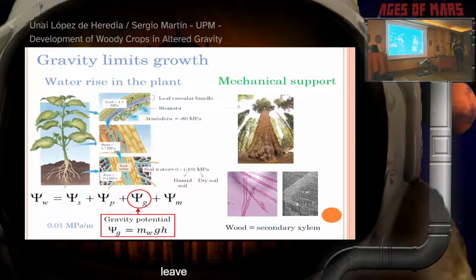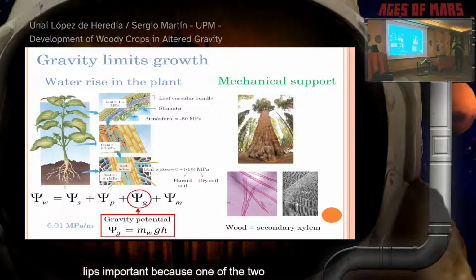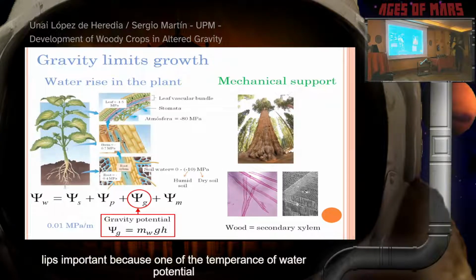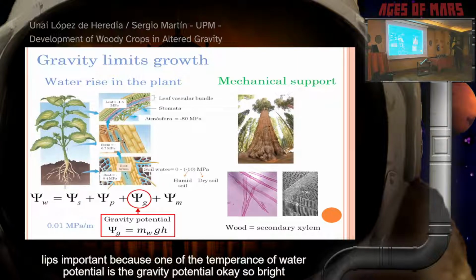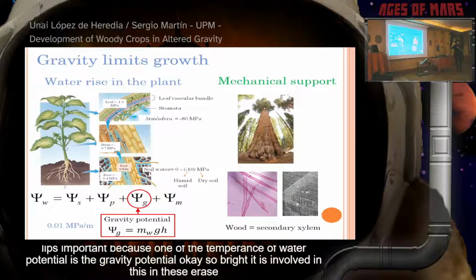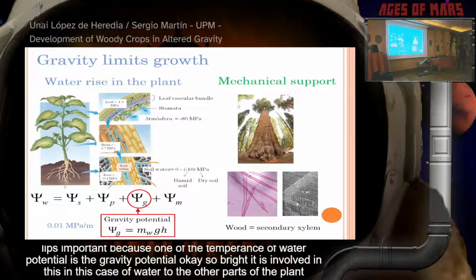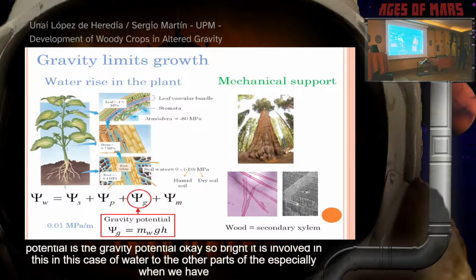This is important because one of the components of the water potential is the gravity potential. Okay, so gravity is involved in this raise of water to the upper parts of the plant, especially when we have large plants like trees.